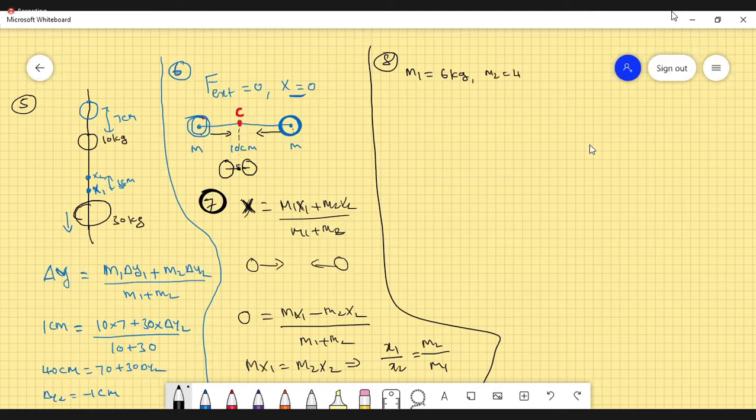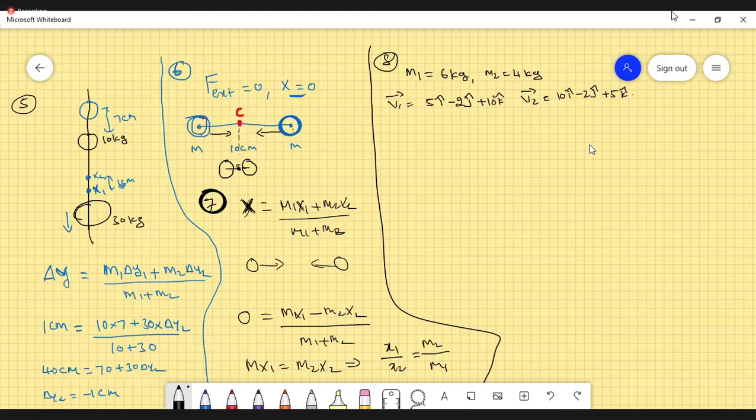And the velocity v1 in vector form equals 5i minus 2j plus 10k, and v2 equals 10i minus 2j plus 5k.